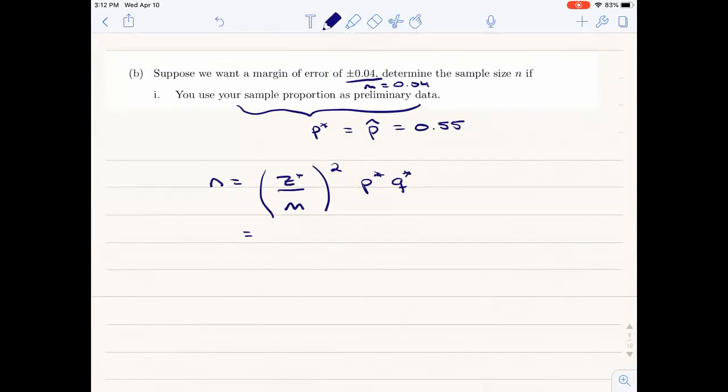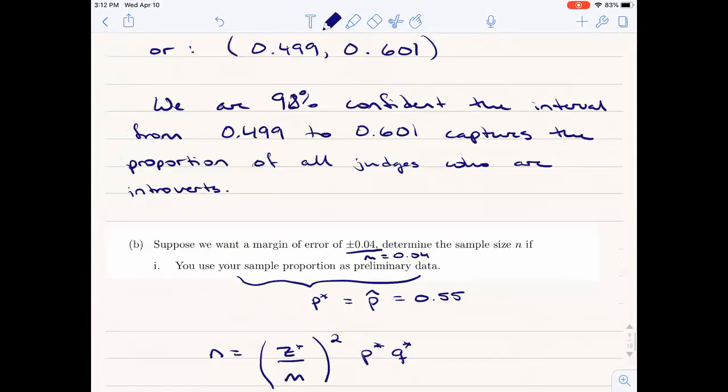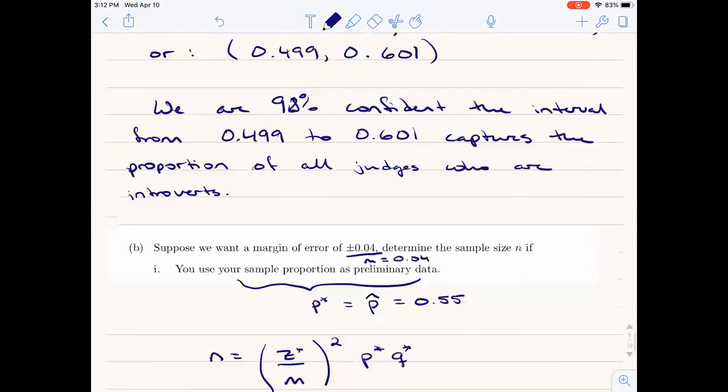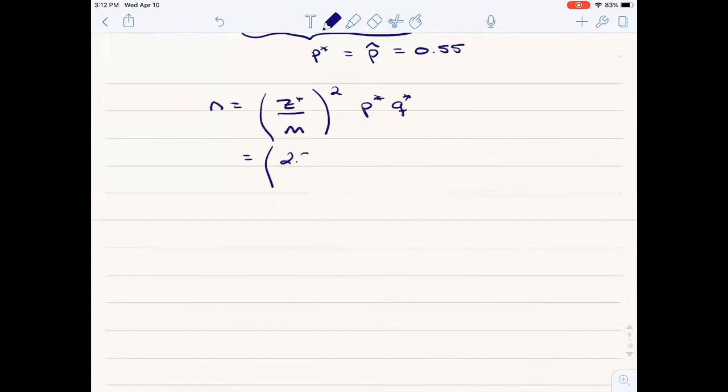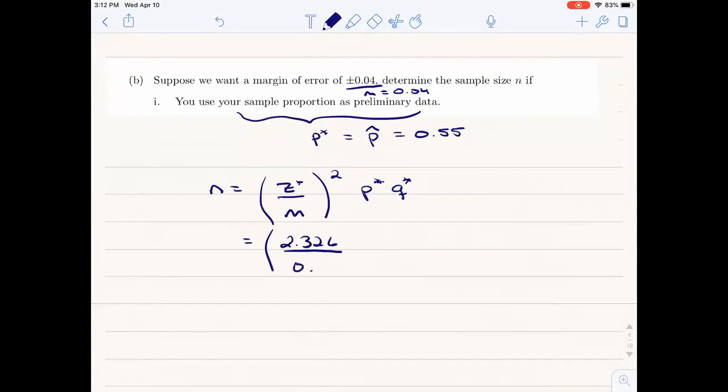We assume the same confidence level, right? So our Z star is still going to be 2.326 over M, which we're forcing to be 0.04.